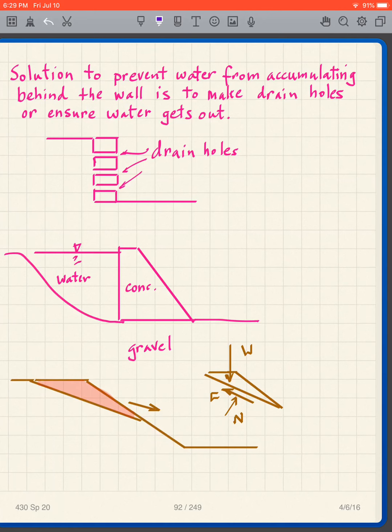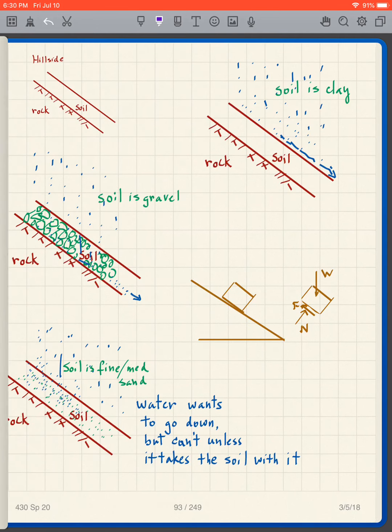And this analysis is very straightforward in a sense. We have the weight of that wedge, we have a frictional force, and we have a normal force. It goes back to an analysis that you did in your statics course, your early days of statics. Let's make that comment. We're not going to look at it in detail.